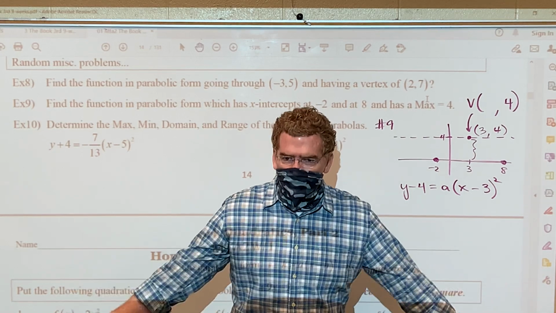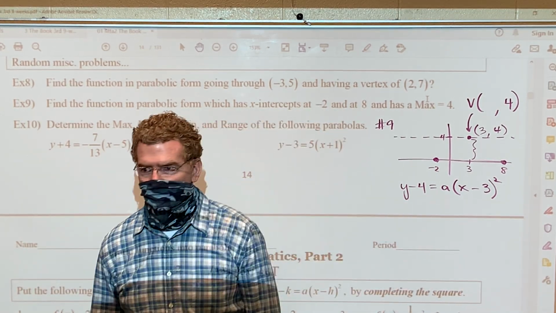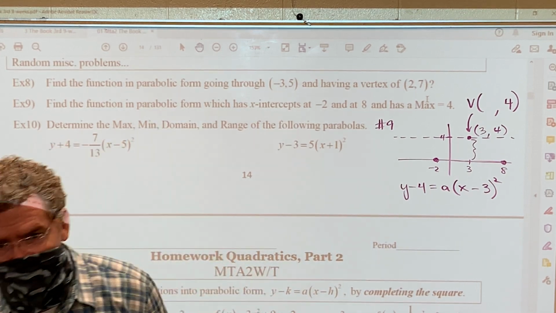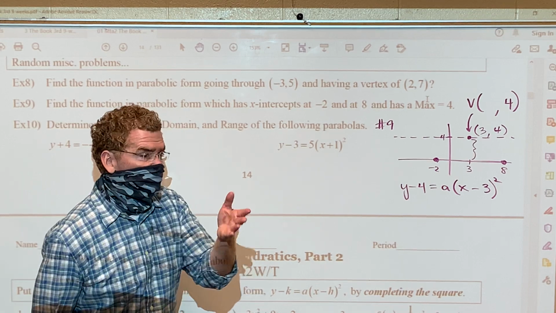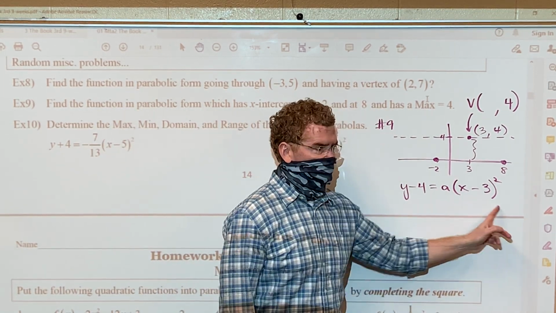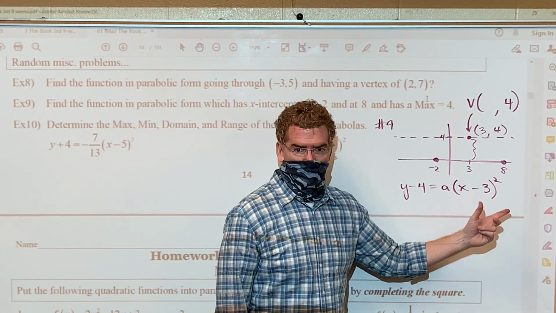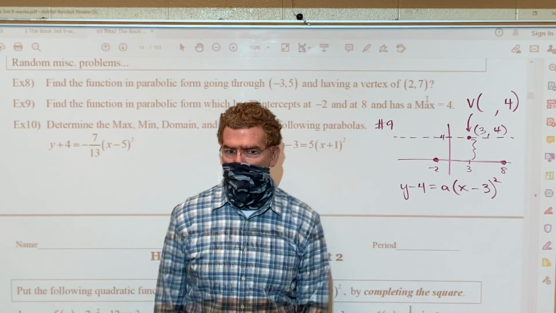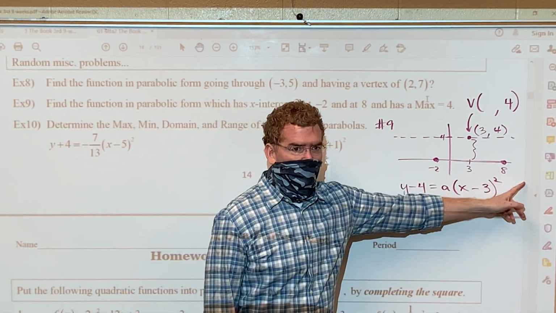So what would I do to find a? We technically just did it in a problem right before this. Plug in another point. Now I don't want to use the vertex, because if I plug the vertex in, I get 0 equals 0. Does that make sense? If I've already used the vertex, is there any other point you know? -2, 0, or 8, 0?